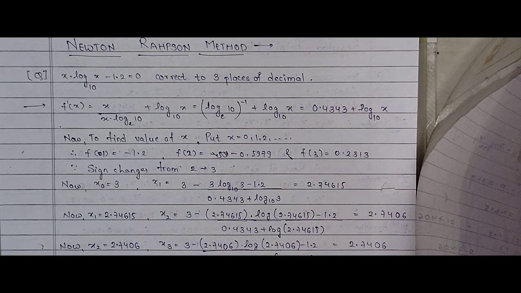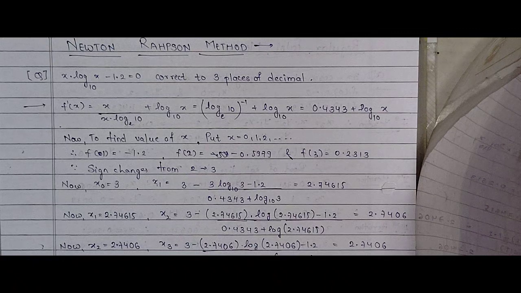So welcome again everyone. Now we are going to discuss the second part of our first topic, the Newton-Raphson method. In the paper it will be given which method you have to use, either the first part we discussed, the regula falsi method, or the Newton-Raphson method.